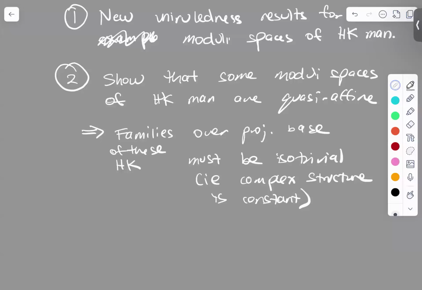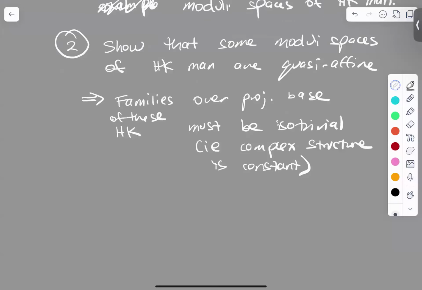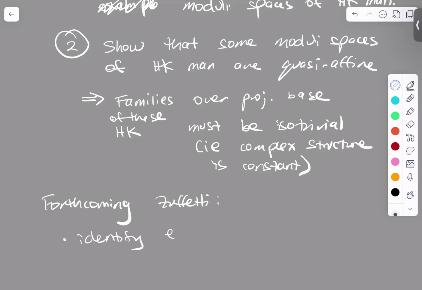And lastly, I'll mention this is sort of forthcoming work with Ricardo, which is that we can also use some of these cone computations to identify extremal rays inside of the actual pseudo-effective cone of some of these spaces, examples of these spaces.